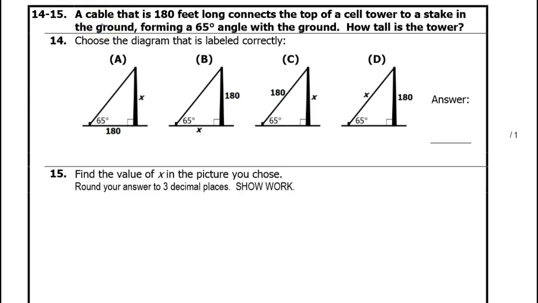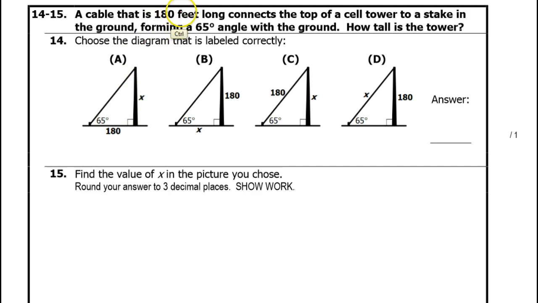Okay, a cable that is 180 feet long connects the top of a cell tower to a stake in the ground, forming a 65-degree angle. How tall is the tower? Let's see. Choose the diagram that's labeled correctly. Okay, so obviously this is the wire, this is the ground, and this is the tower.